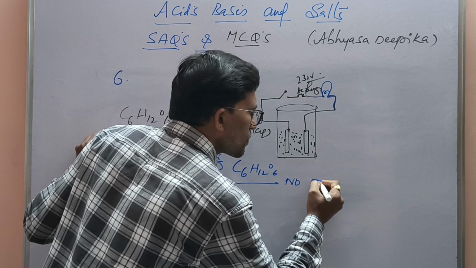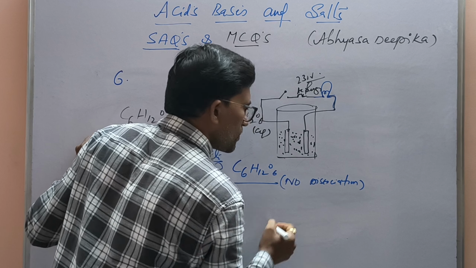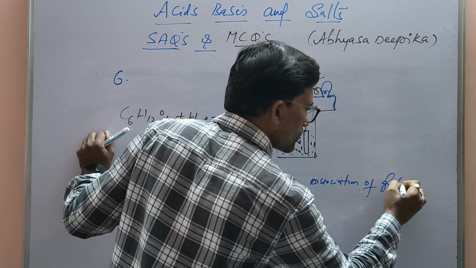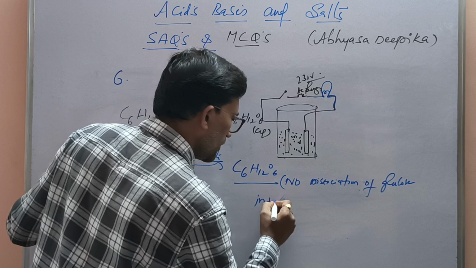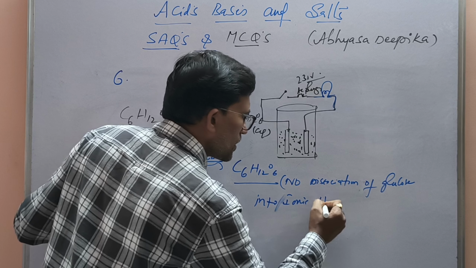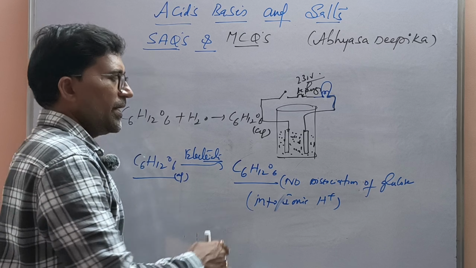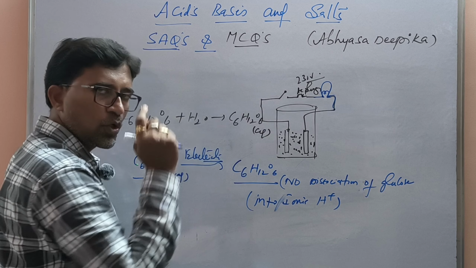No dissociation of glucose into H+ ions. So H+ ions are not produced, hence the bulb will not glow.